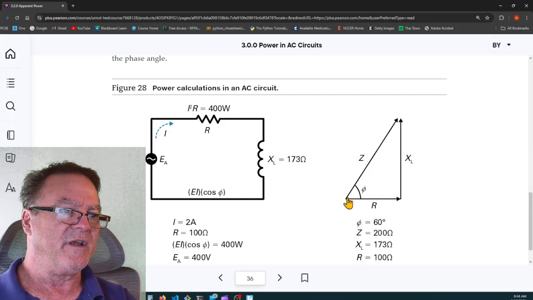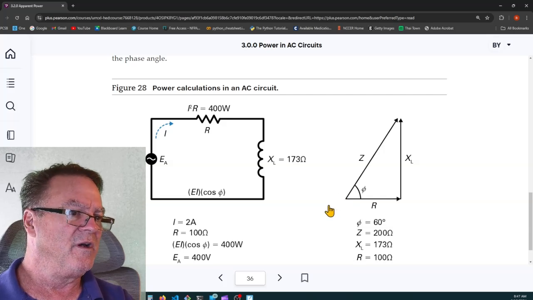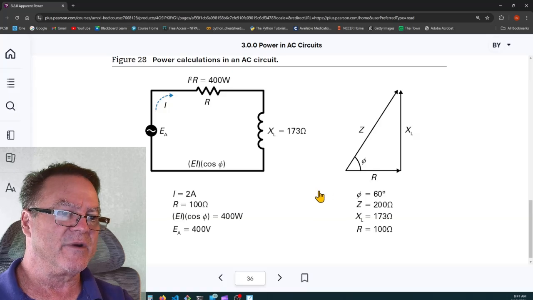Didn't we come up with 200 ohms of total opposition? Yeah, here it is. Impedance is 200 ohms and resistance is 100. So 100 divided by 200 is 1/2. So it's an angle that has a cosine of 1/2, which is 60 degrees.